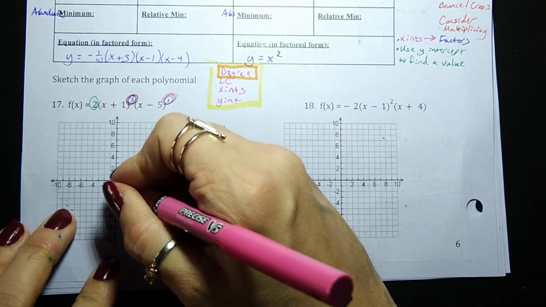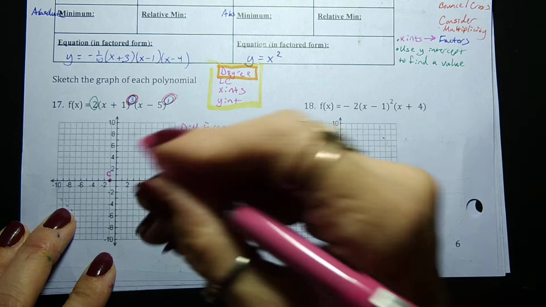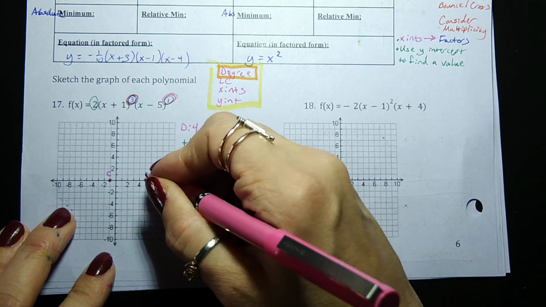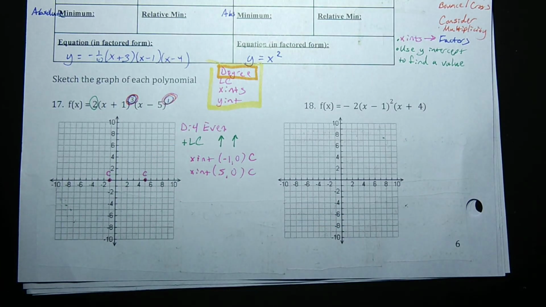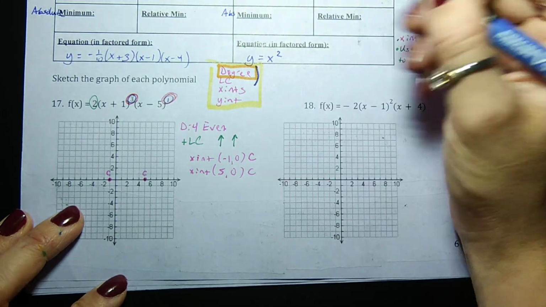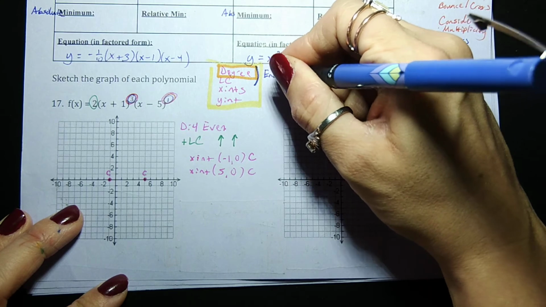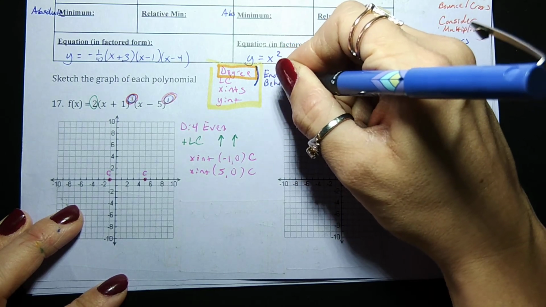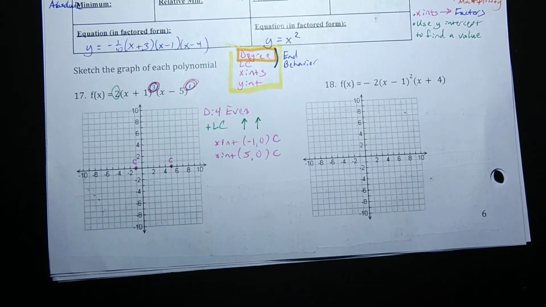So -1, 0, C for cross. 5, 0, C for cross. So we've got the degree, the leading coefficient, the x-intercepts, the y-intercept. So actually, let's go ahead and put a little box around both of those and write end behavior, because that's what the degree and the leading coefficient lead you to, and that's what needs to match on your graph.